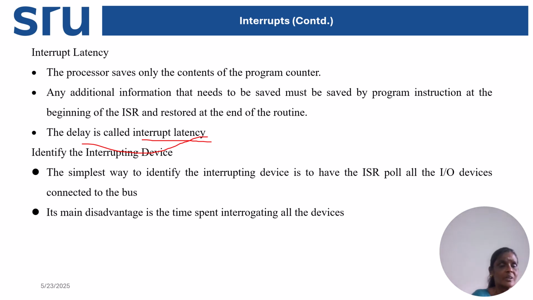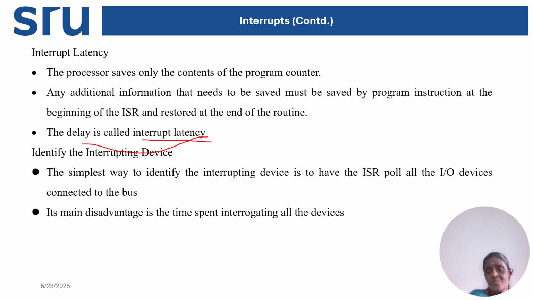How is it recognized? The simplest way to identify the interrupting device is to have the ISR poll. Poll means it has to ask each and every device whether it has interrupted.